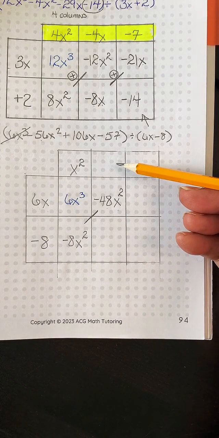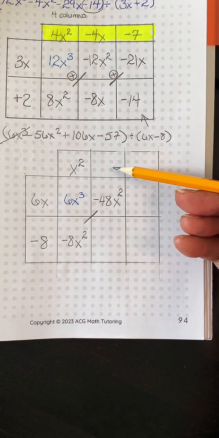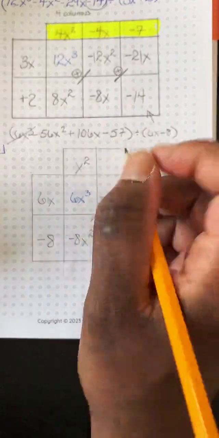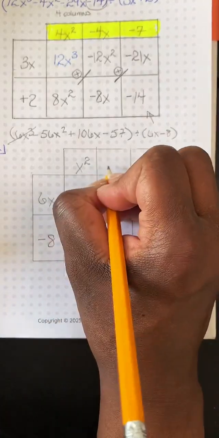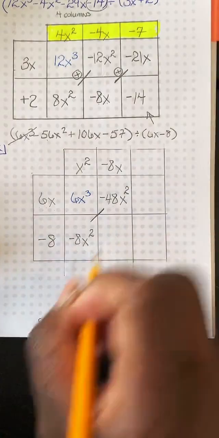Should it be positive or negative? Negative, right. When the signs are different, your answer is going to be negative. So negative 8x.